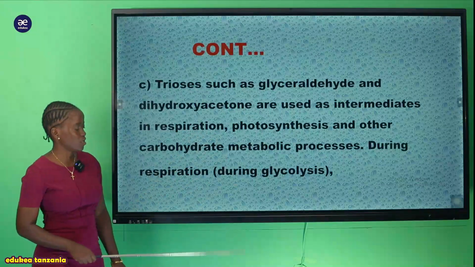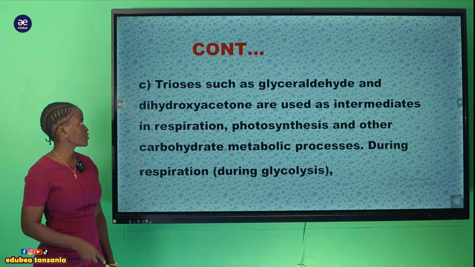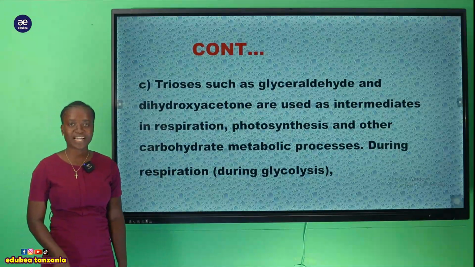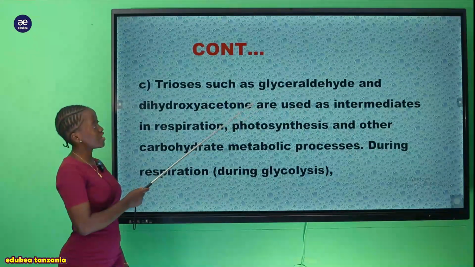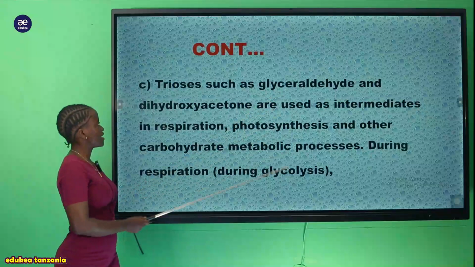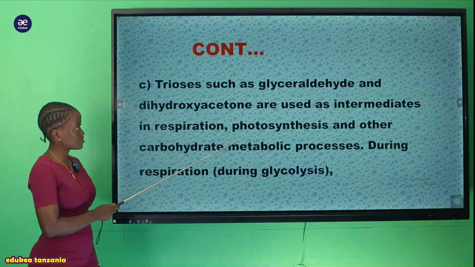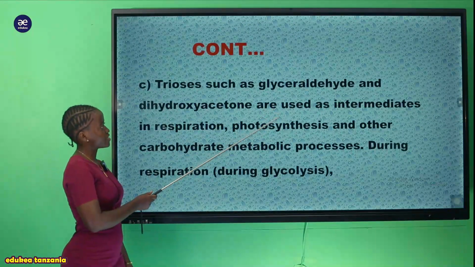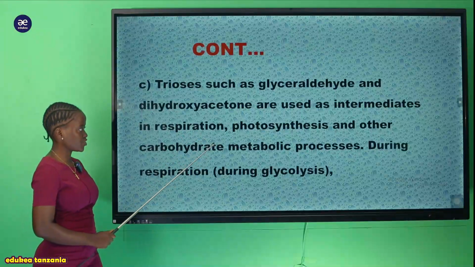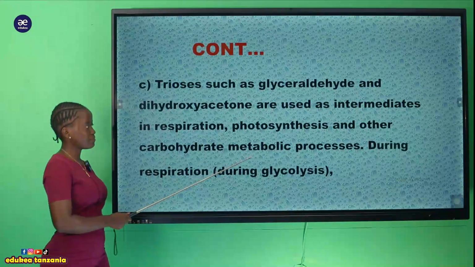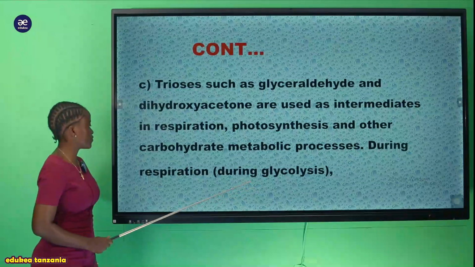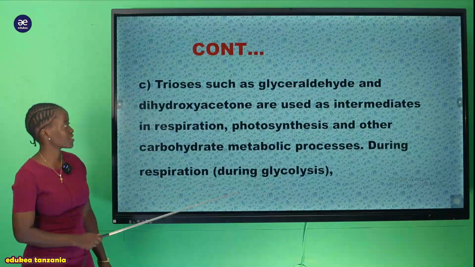Another function of a carbohydrate, we can say that trioses such as glyceraldehyde and dihydroxyacetone are used as intermediates in respiration, photosynthesis and other carbohydrate metabolic processes, during respiration, that is during glycolysis.